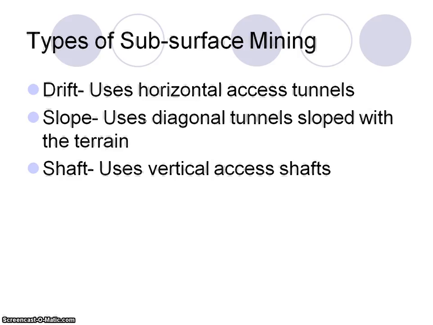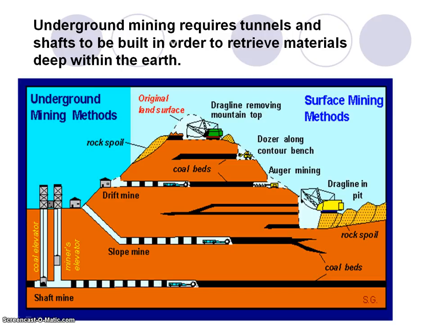And then once it gets to the distance it needs to go, then there will be those horizontal access tunnels from there where they'll do excavating and the blasting sites and those things. Here's a good picture that you have in your notes. Gives you just a snapshot of a shaft versus slope versus drift mine, and then on the other side you can see the surface mining, whether it be open pit and so forth.